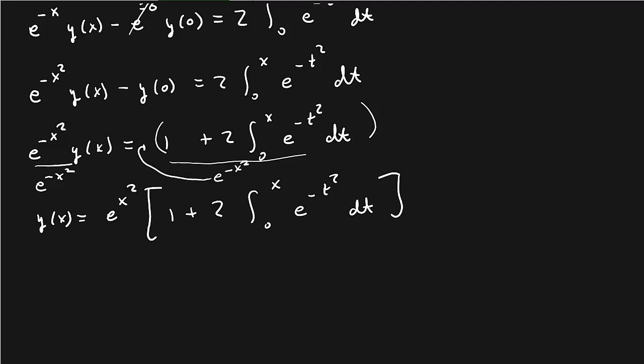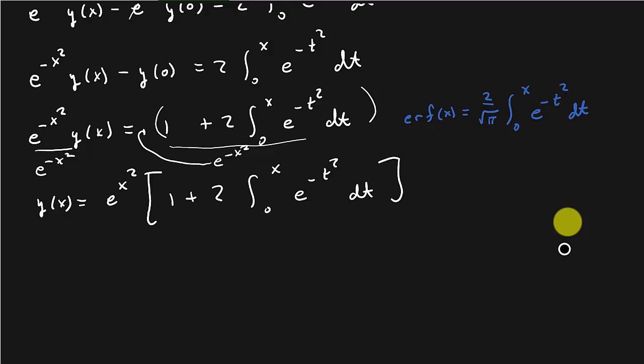So we've got that is equal to 2 over the square root of pi integral from 0 to x of e to the negative t squared dt. Okay, so that's the error function we had written up there.